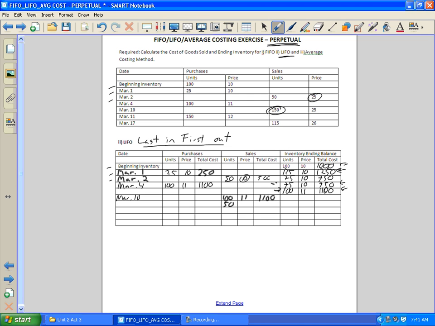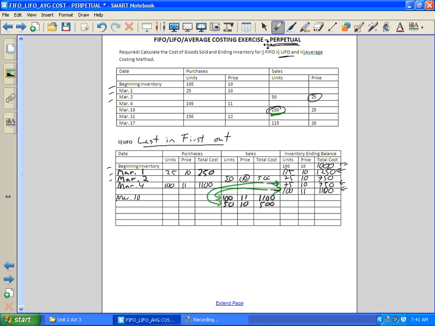That comes straight from this $10 unit. So 50 times 10 is 500. That's what our cost of goods sold is. So hopefully that makes a little bit of sense. Remember, I'm taking these 100 units and putting them right here. Since it's last in, first out, the last stuff we bought is the first stuff that's got to go out the door. And then, of course, we've got our 50 units still remaining to get us to the magic number 150. That comes from the 75 units that cost $10 each.